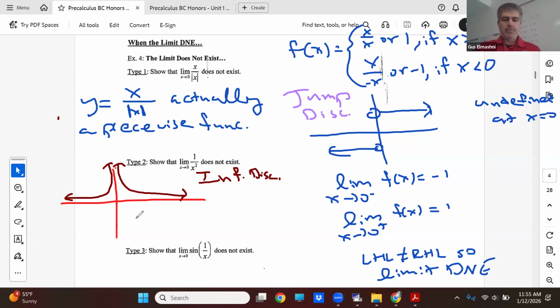So the limit, what's the limit as x approaches 0 from the left side? And if I do the other limit from the right side, what do I get?